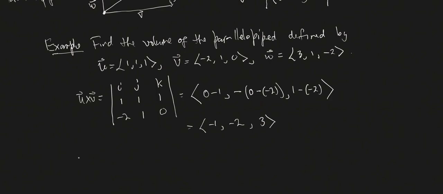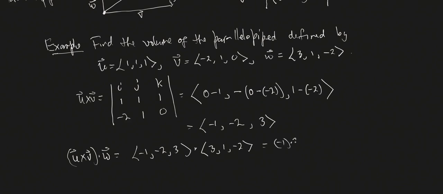Now let's do U cross V dot with W. So that's the dot product of -1, -2, 3 with W, which is 3, 1, -2. And this is where we're going to get our scalar. So it's -1 times 3 plus -2 times 1 plus 3 times -2.